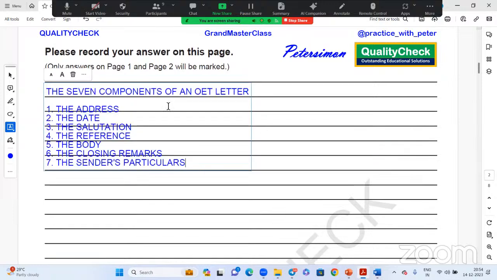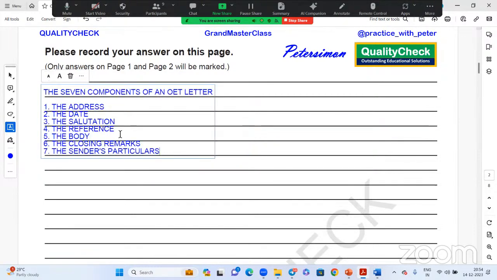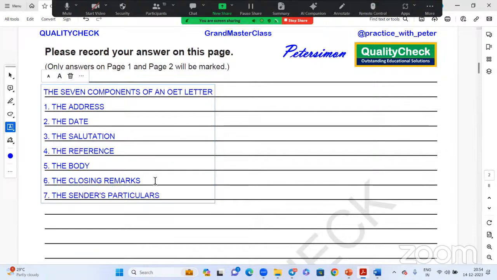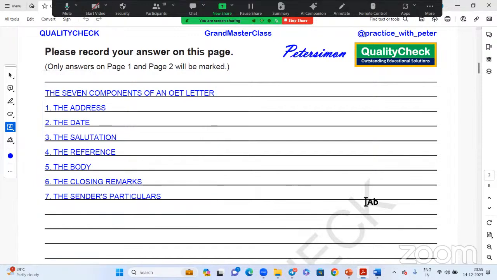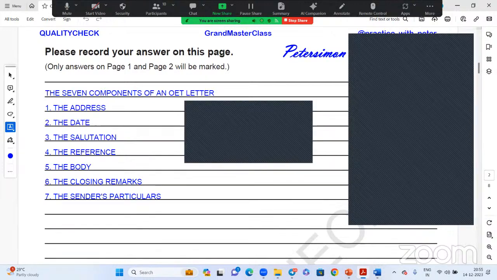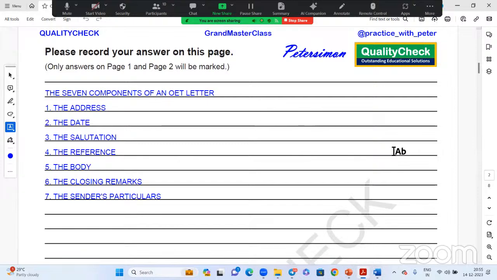The 7 components of an OET letter. Remember that.